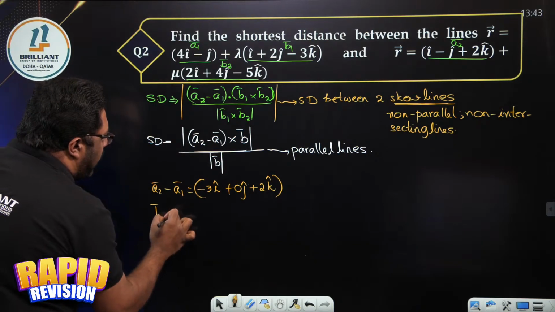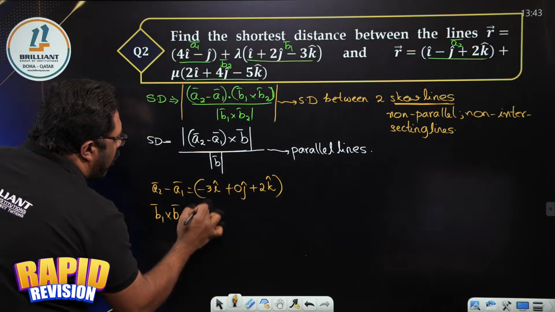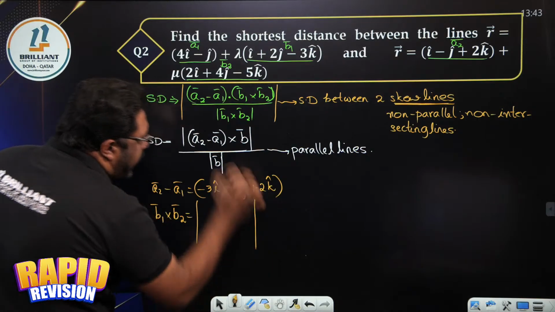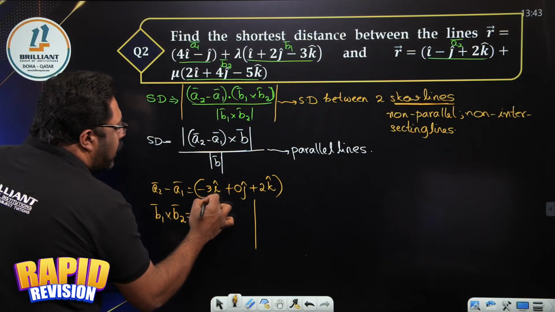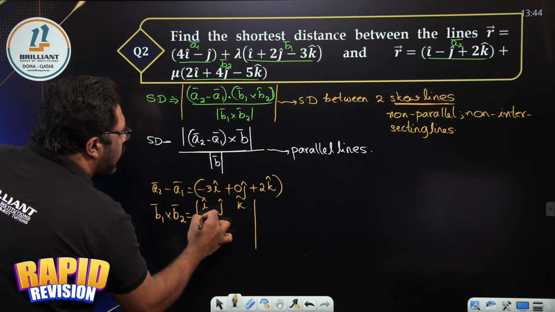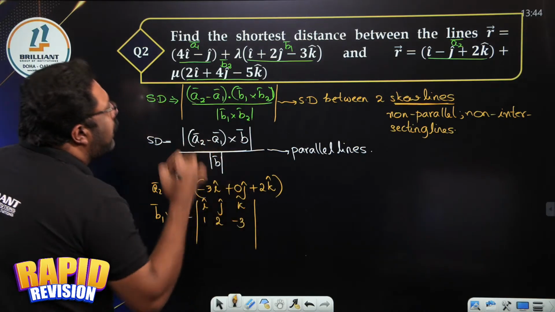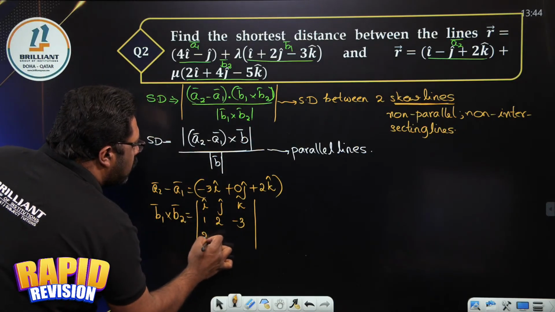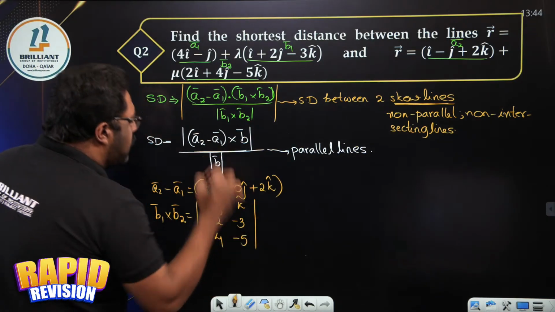Now I'm trying to find B1 cross B2. And I hope everybody knows how to find the cross product between 2 vectors. Method of determinant, i j k. The first B1 vector, it's 1, 2 and minus 3. The second B2 vector, 2, 4 and minus 5.